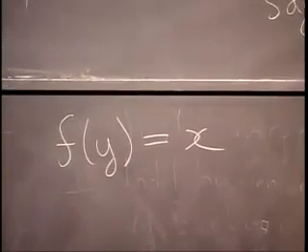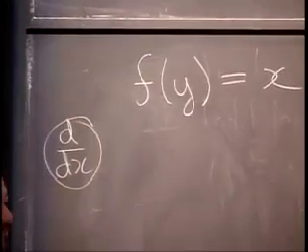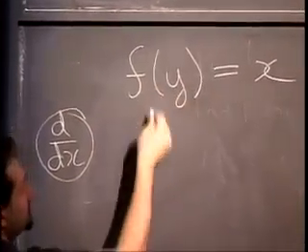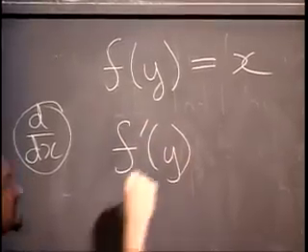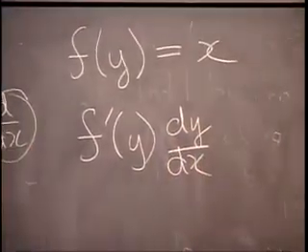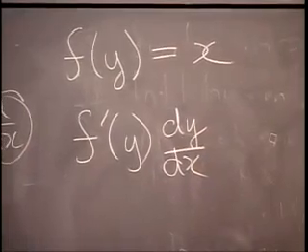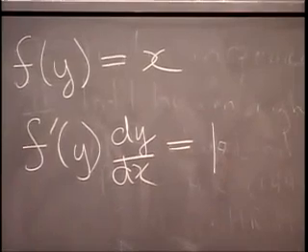So let's differentiate implicitly with respect to x. If you do that, the derivative of f of y is, of course, f prime of y, but you need to multiply by dy dx if you're going to do it properly. There's the chain rule. And on the right-hand side, the derivative of x is just 1.